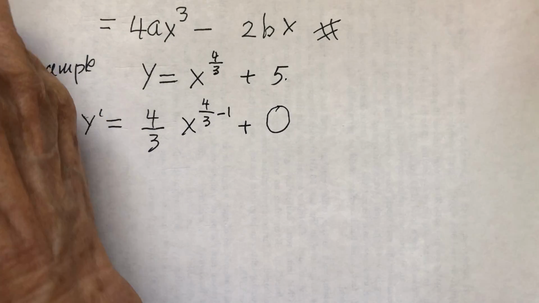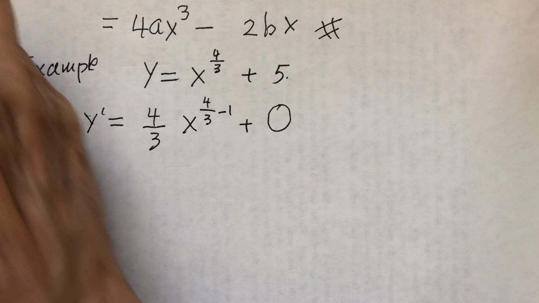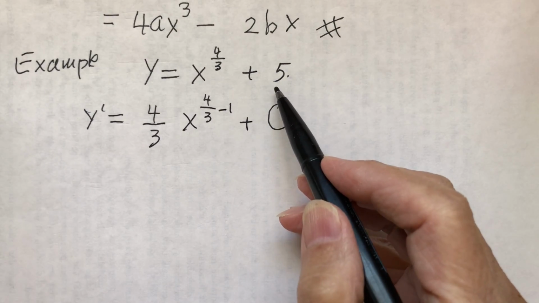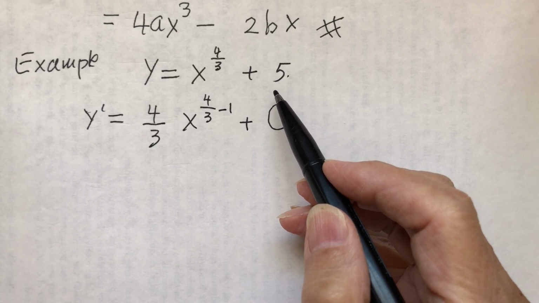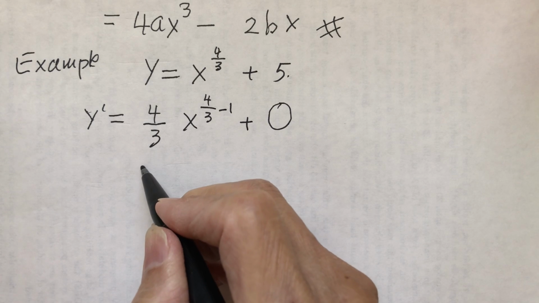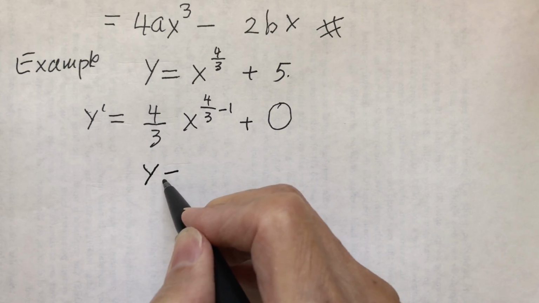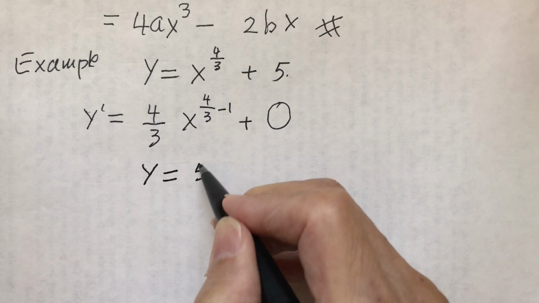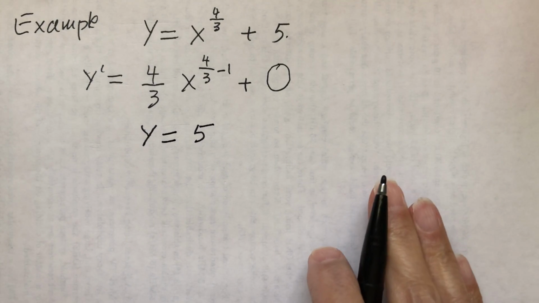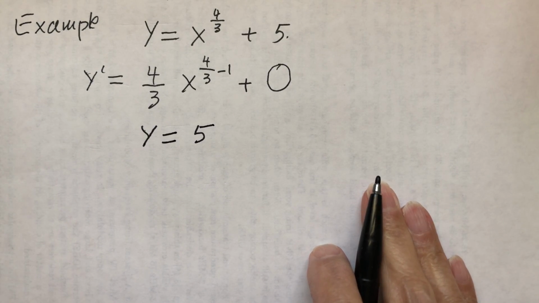Let's show why the derivative of a constant is 0. Okay. Let's consider this. A function is just a constant. So what is the derivative of a constant?